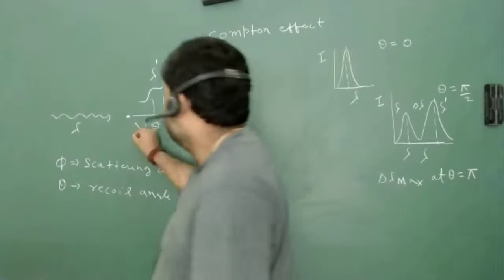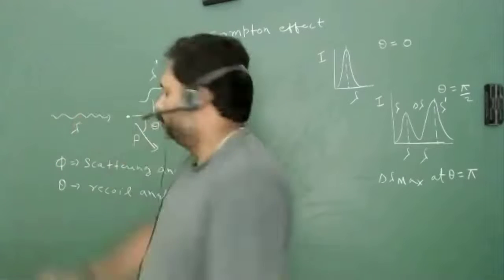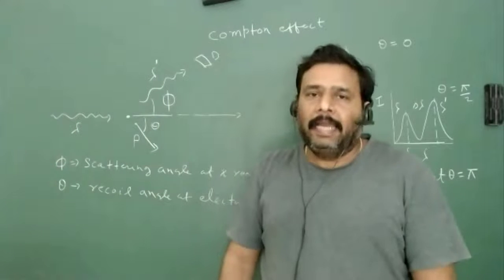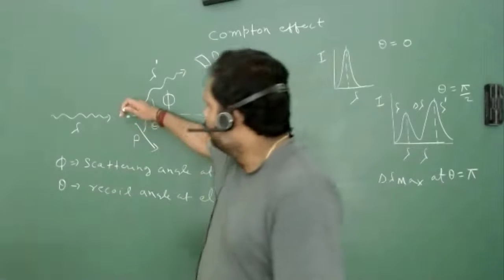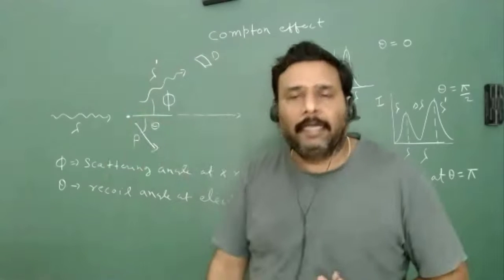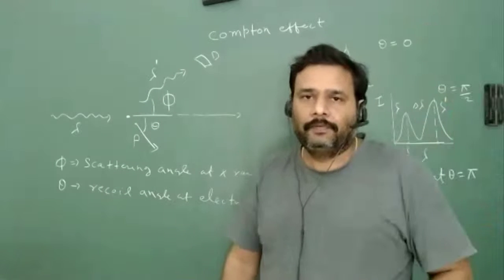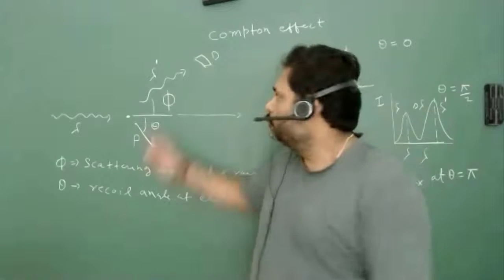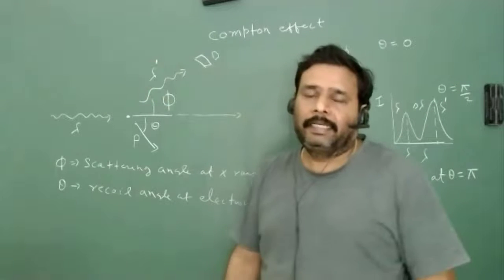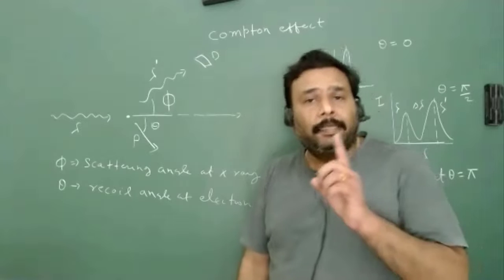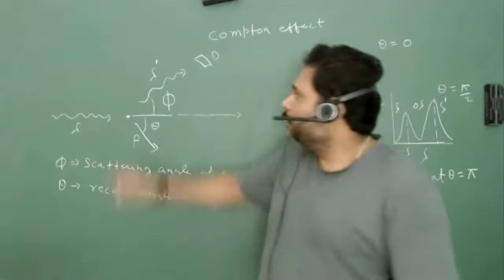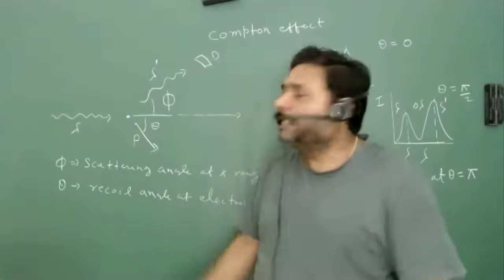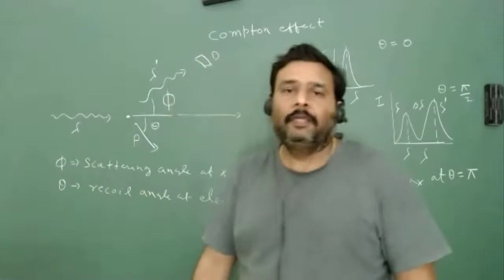Let's say this momentum is p, and it also produces another scattered wave which will have a different wavelength lambda dash, and this wavelength is greater than lambda.